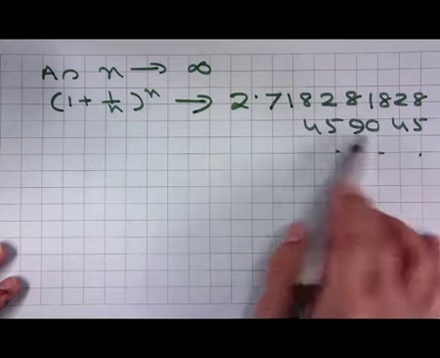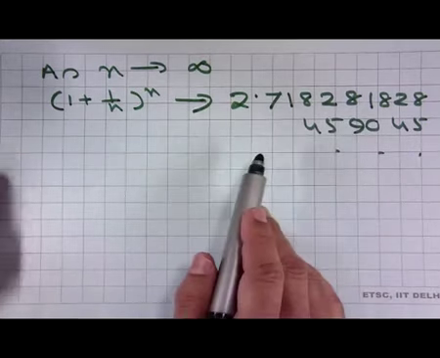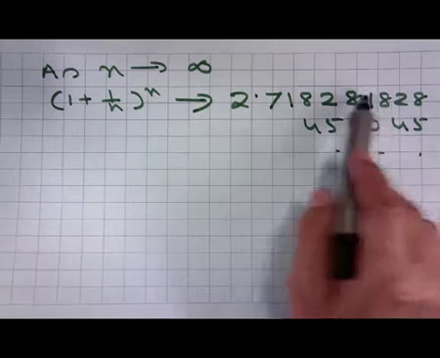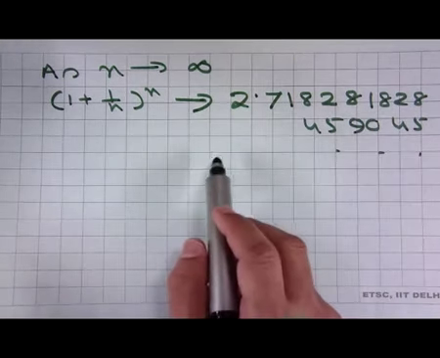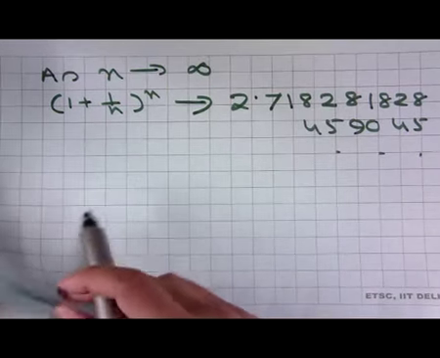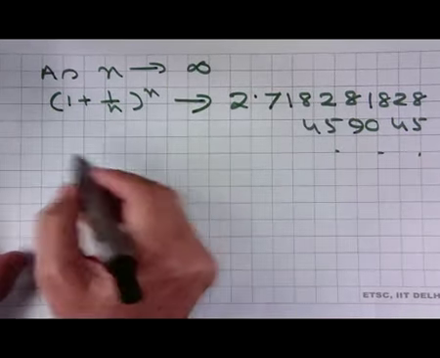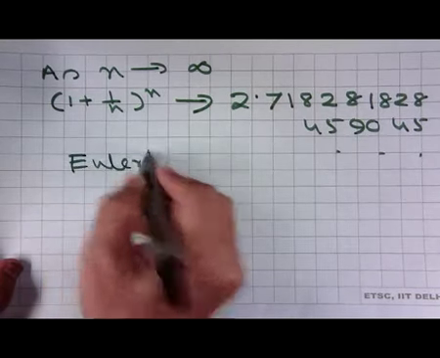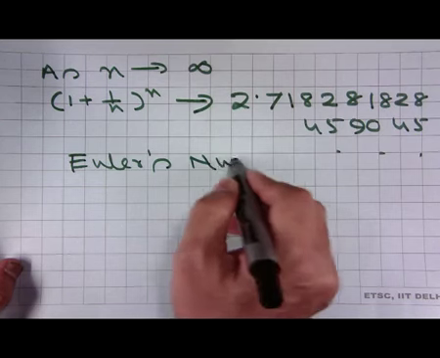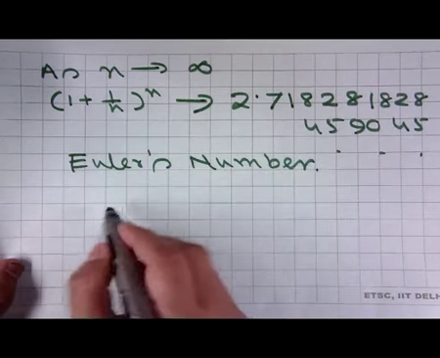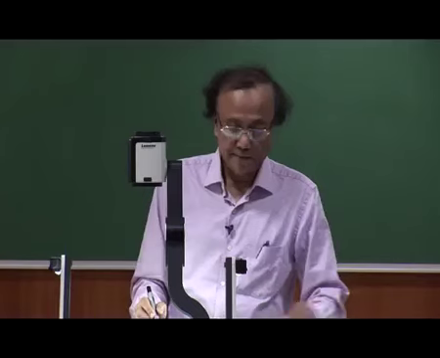We will never come to an end of this sequence, and people have tried to compute up to 1000 decimal places, there was no end. So, this irrational number is called Euler's number, and it is denoted by e.